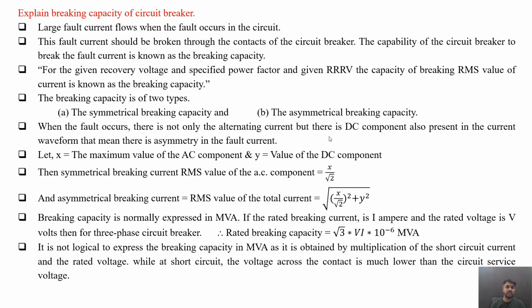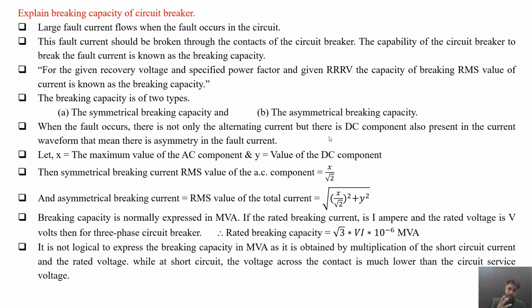Explain breaking capacity of circuit breaker. Large fault current flows when the fault occurs in the circuit. This fault current should be broken through the contacts of the circuit breaker. The capability of the circuit breaker to break the fault current is known as the breaking capacity.